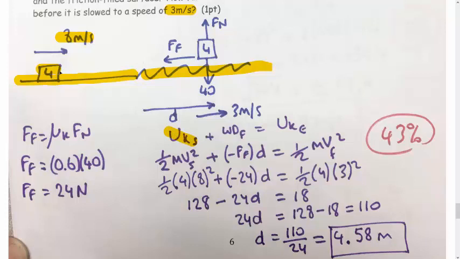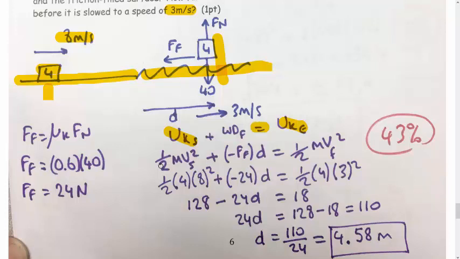So I can say my kinetic energy at this point at the beginning plus the work that I'm going to lose from friction is equal to what I have at the end. If you think about it, by the time I get to the end, there were 2 bits that happened. I had some mechanical energy and I lost some energy through work. So they want to go on the other side of the equal sign.